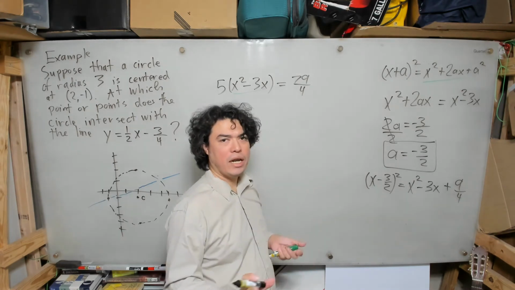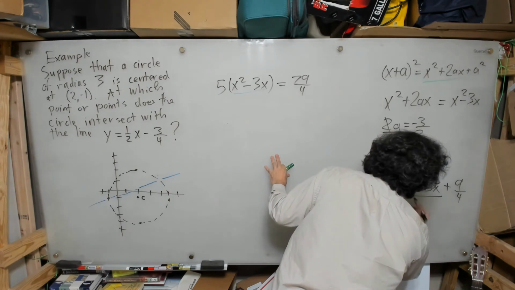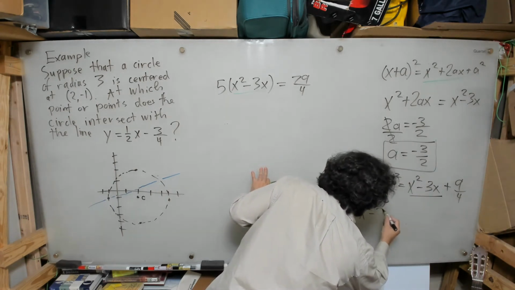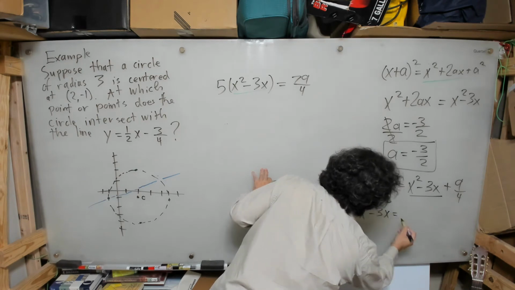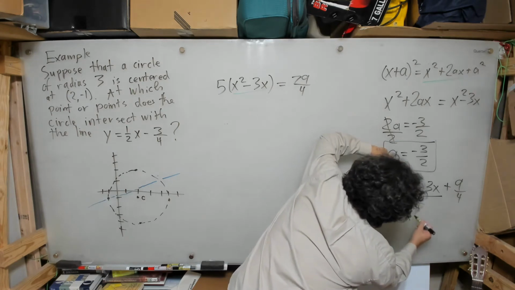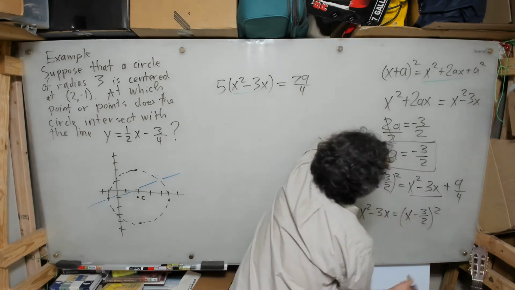As complicated as this quadratic looked, we're about to solve it. Because I can rewrite x squared minus 3x as (x minus 3 over 2) squared minus 9 over 4.